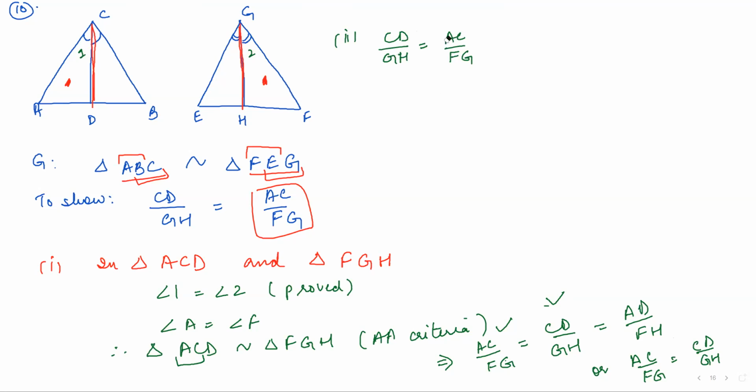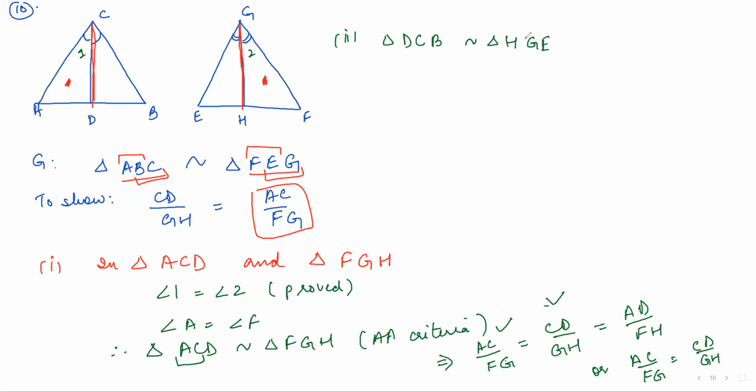I wrote it wrong. Sorry. The second part is triangle DCB is similar to triangle HGE. This you have to show, Sarah, right?